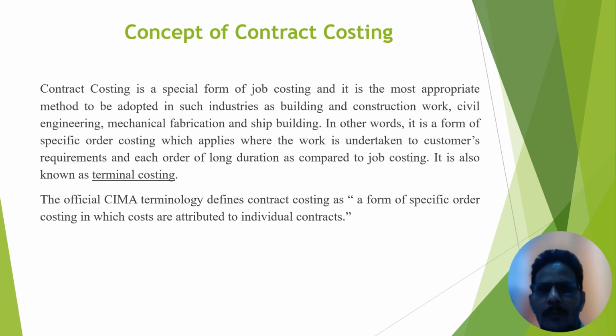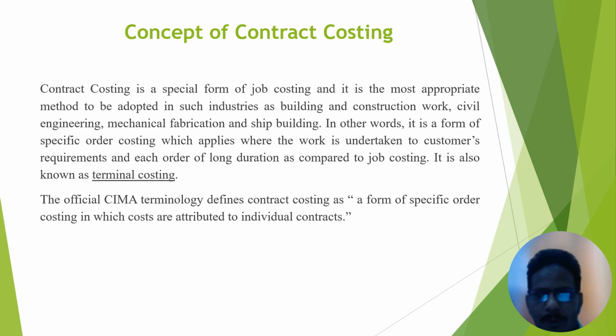It may be more than 6 months, more than 1 year, 2 years, 3 years. Basically, contract costing is applied in construction work, like preparing any residential house, any apartment, any building, bridge, roadways, etc. This costing is also known as terminal costing.